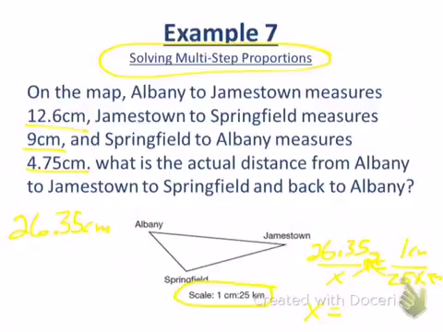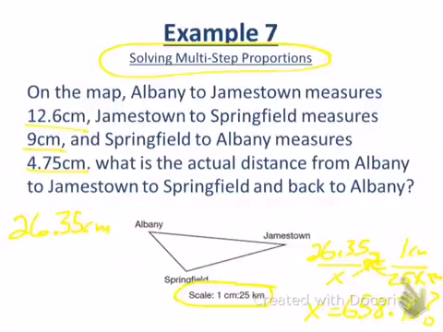All right, so we multiply 26.35 times 25, and that gives us, say it again, Charlie? 658.75 kilometers. I'm going to put a question mark there because I haven't confirmed that. But that seems reasonable, right? 25 times 25 is 625, so it's a little more than that, so I think we're good. I think that's a reasonable answer.